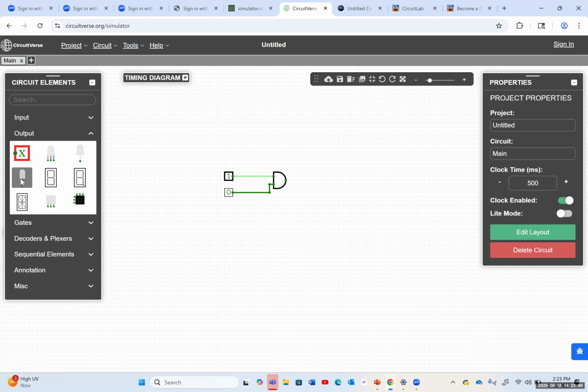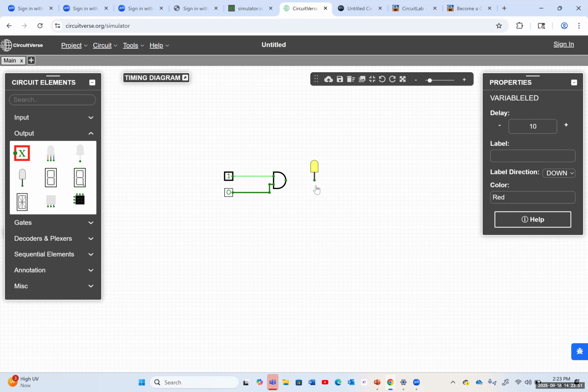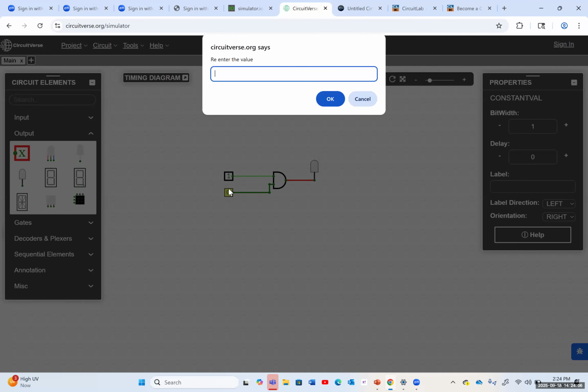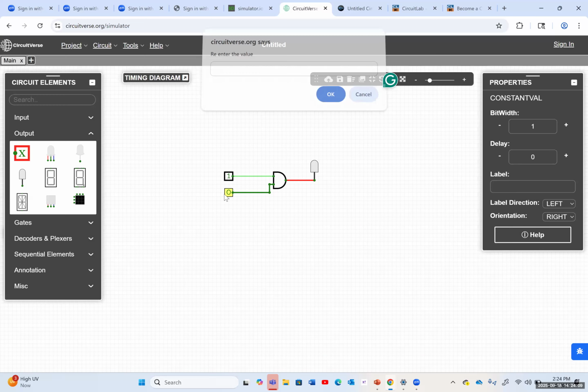Let's say it's a diode, and we want to see if it's turning on or off. And then you can run it. Also, you can change the inputs as well. I can change this from 0 to 1.